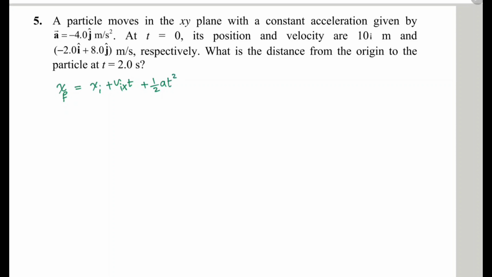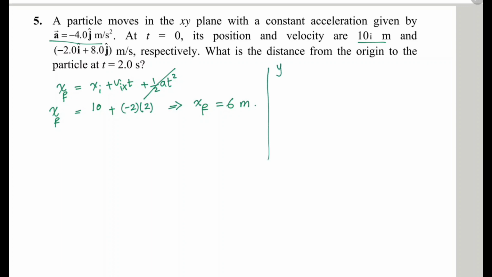From the given information here, there is no acceleration on the x-axis. x final in this case equals the initial position, which is 10, plus the initial velocity, which is minus 2, times the time, which is 2 seconds. You substitute this, x final in this case equals 6 meters.